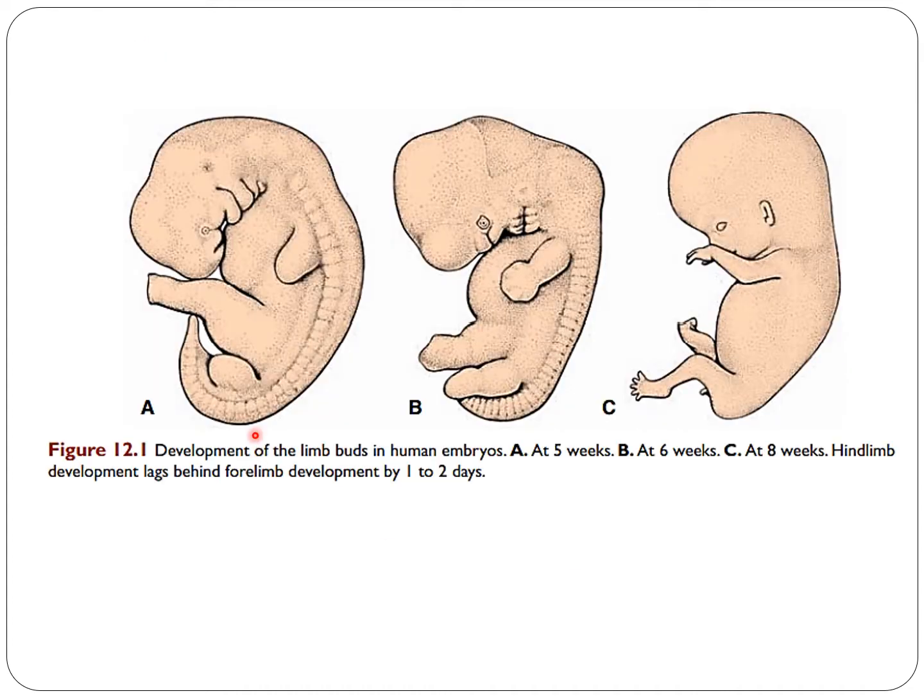You can see here, initially at the 5th week there is the limb bud projection and formation, but there is no constriction over here. In the 6th week, the hand plate or paddle-like structure is formed, and the first constriction appears over here.